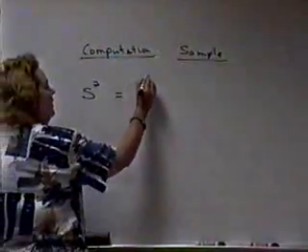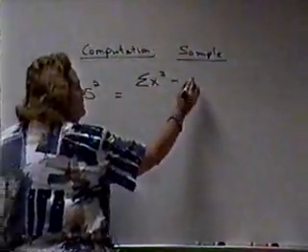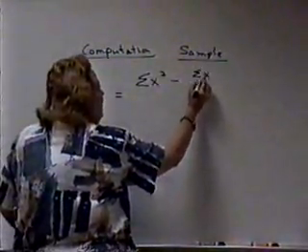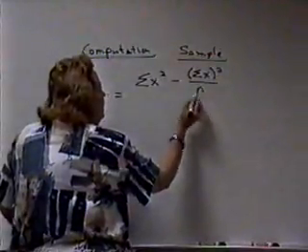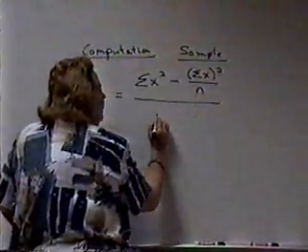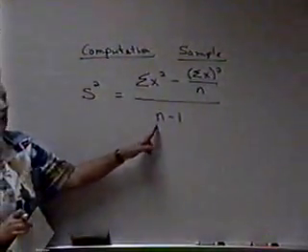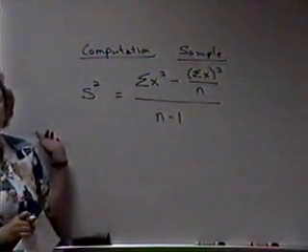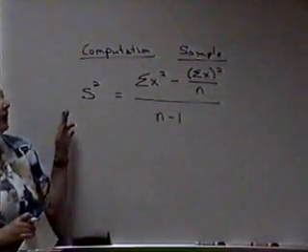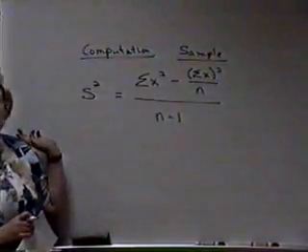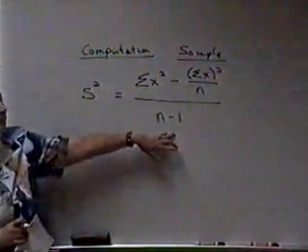S squared, again, is the sum of all of the x's squared minus the sum of the x's, then square that total, divided by n minus 1. Now the little n is just telling us it's a sample. Capital N was a population, that was all of the people. Little n is a sample. The difference between this formula and the population is you're dividing by n minus 1.